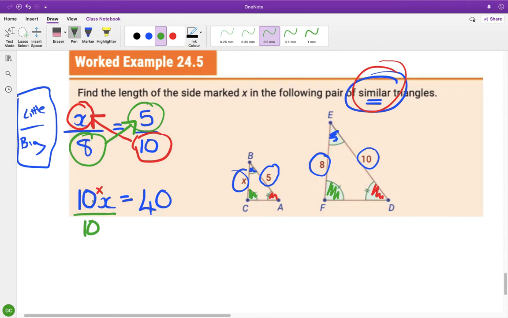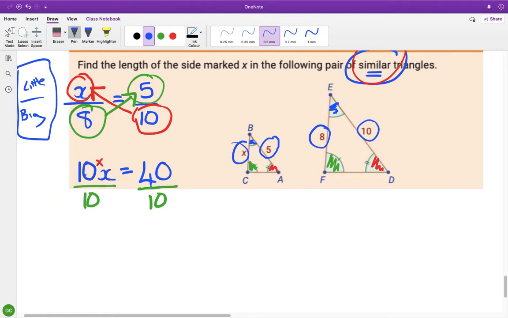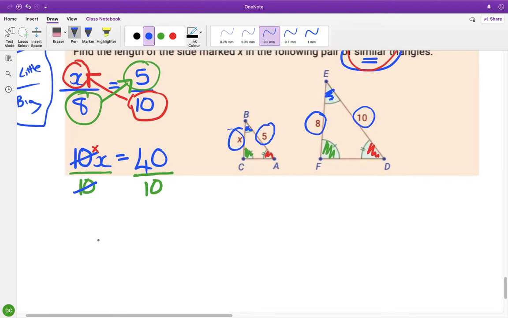To remove that, or to separate and move the 10 away from the x, I need to do the opposite of multiply 10, and the opposite of multiply 10 is divide 10. But if I do that over here, I need to mirror and do that over here. Okay, remember you always have to do it on both sides. So now the multiply by 10 and the divide by 10 will take each other out, and I'm left with my x, and 40 divided by 10 is 4.